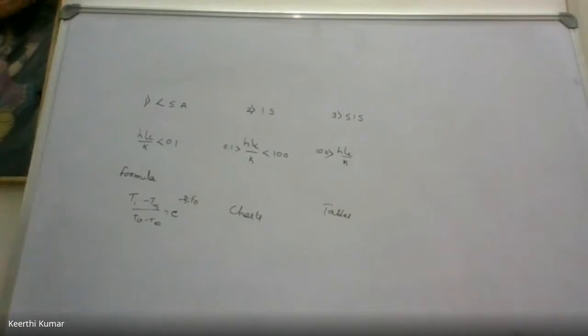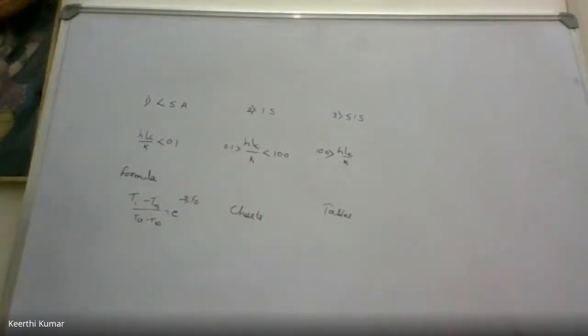So the window time will also be 1 hour. Window time is 1 hour and the test time is also 1 hour. If you start the test 10 minutes late, you'll be left with only 50 minutes. If you start after 20 minutes, you'll be left with only 40 minutes.